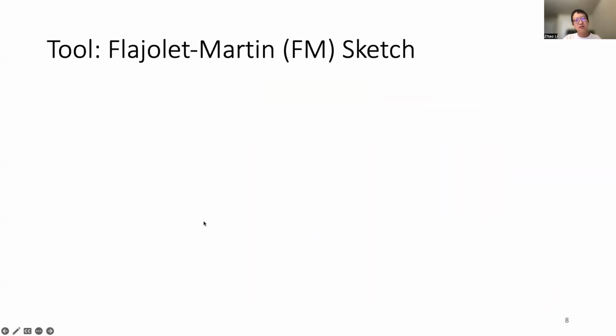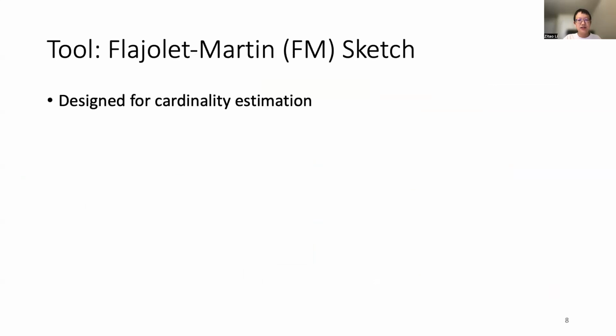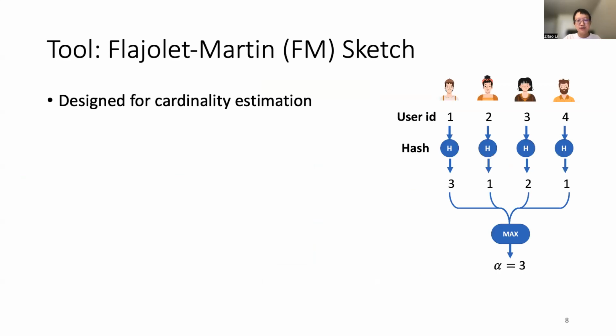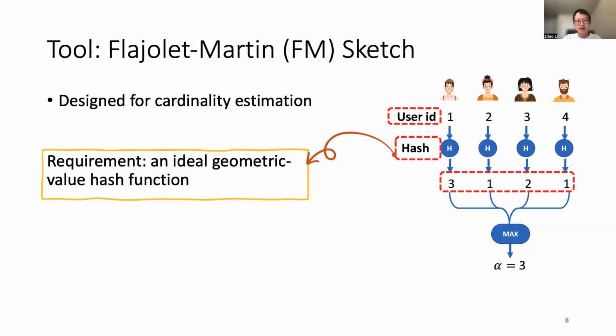In this paper, we propose to share and estimate the membership information via Flajolet-Martin sketch. FM sketch was originally designed for cardinality estimation, for example, how many users are in a large set. Assuming each user has a unique user ID, the high-level idea of FM sketch is to use a geometric-valued hash function to hash the user ID.